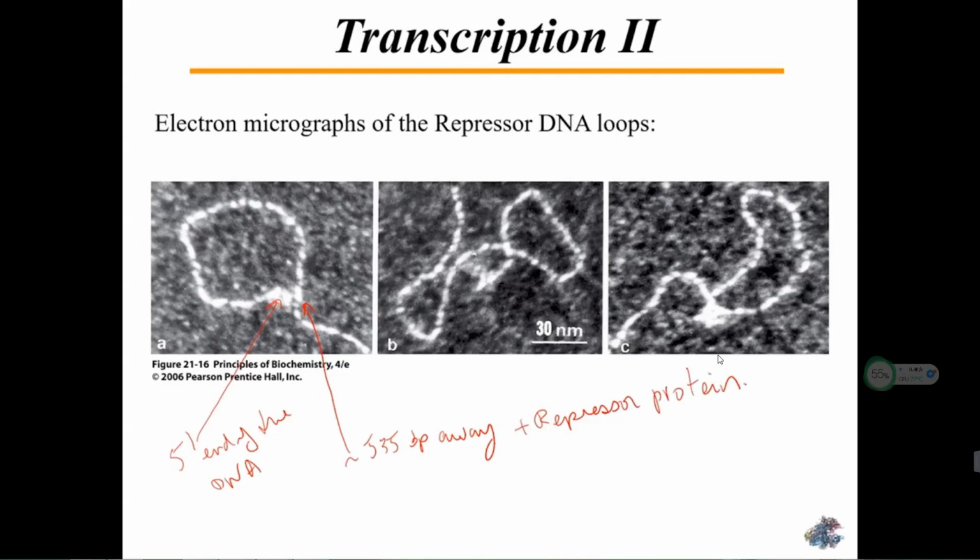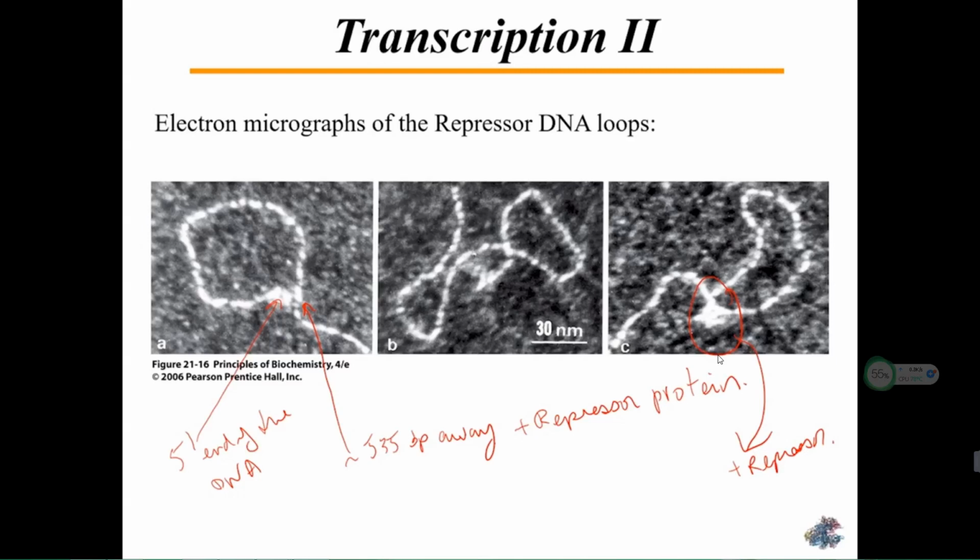So here's a great representation. This is with the repressor protein. And you can visualize these using electron microscopy and obtain these types of pretty cool figures of the repressor creating these DNA loops as a result of generation of this synthetic DNA.